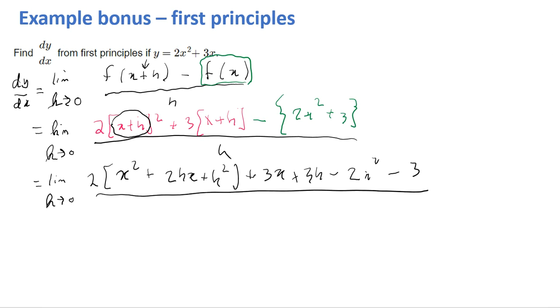Everything divided by, you guessed it, h. Oh, I made a mistake here. It's 3x, 3x. Okay, everything divided by h.